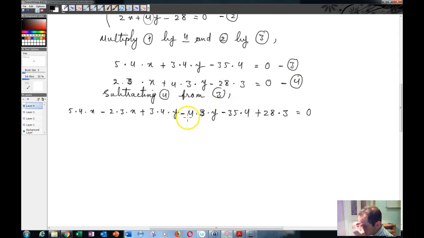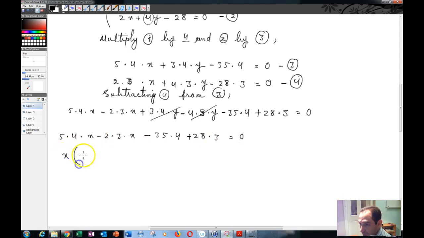Okay, and then 3 times 4 times y and 4 times 3 times y, these two would cancel out, and then you would have 5 times 4 times x minus 2 times 3 times x minus 35 times 4 plus 28 times 3 is equal to 0.